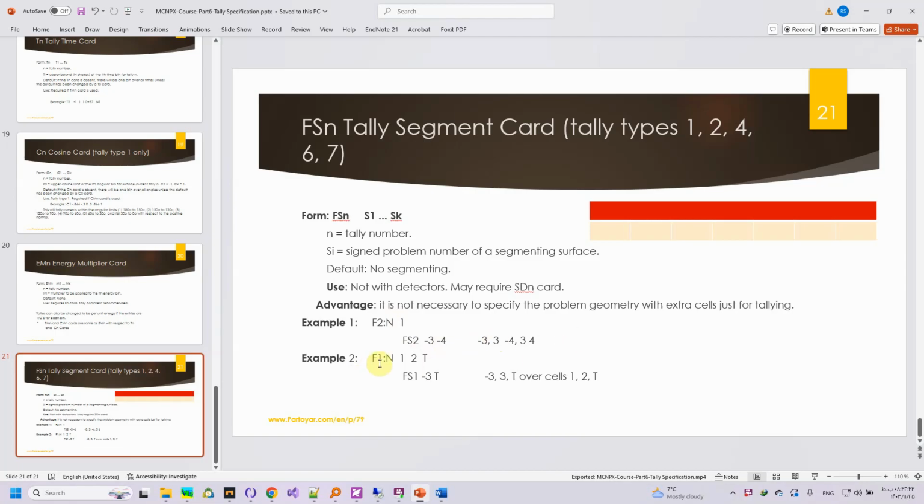Or here is an F1 tally, F1 of neutrons over surface 1, surface 2 as a total. But by using FS1, we can divide it into different steps.